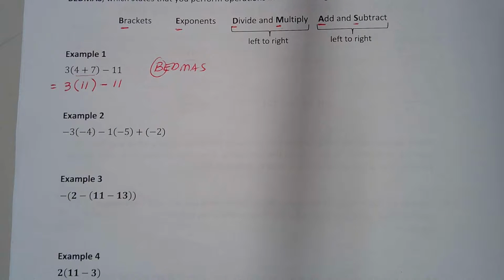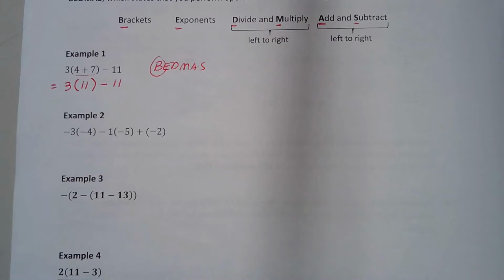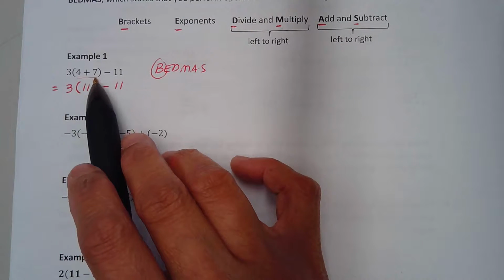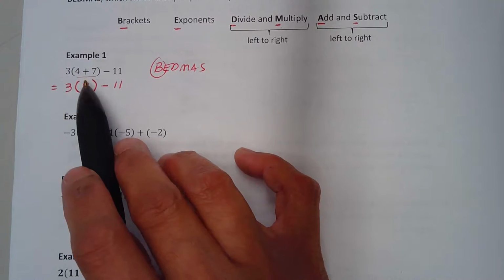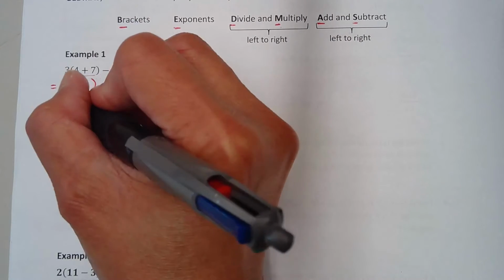What's next? This is an interesting one because brackets here indicate what? Multiplication, right? So this bracket here indicates multiplication. So do this part here.